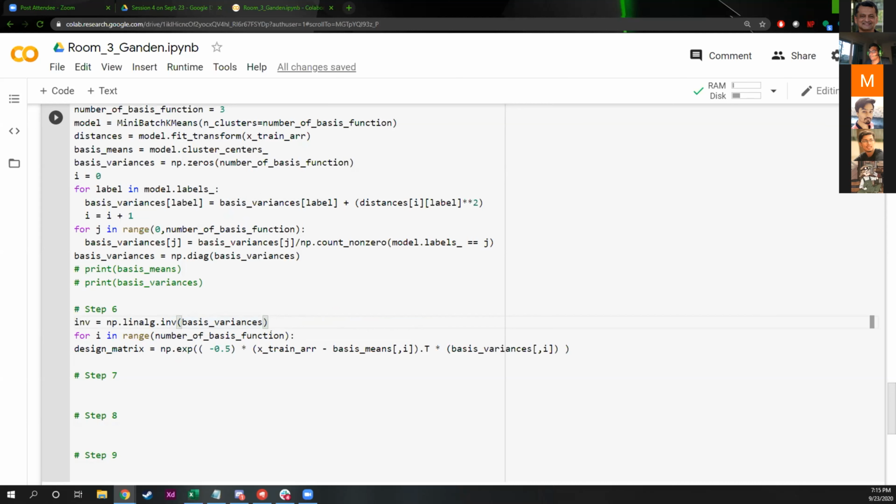Okay, so we have the inverse. We have the basis mean, and the same thing for basis inverse multiplied by inverse, right? Yeah, and not multiplied. It will be np dot. Oh, it's a dot product? Hold on. Because it doesn't say anything. That's why I was confused.